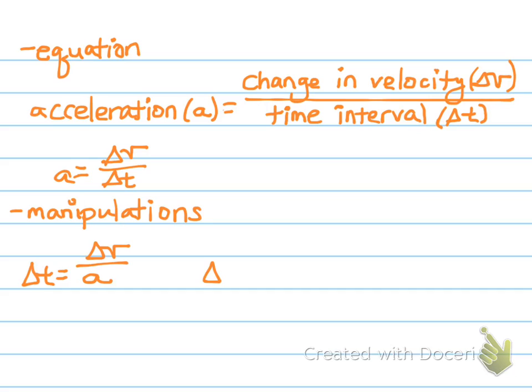And if we're asked to solve for our change in velocity, it's our acceleration times our change in time. Again, as we continue to talk, remember we're still talking about acceleration here.